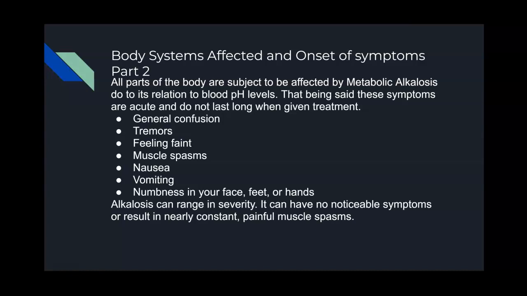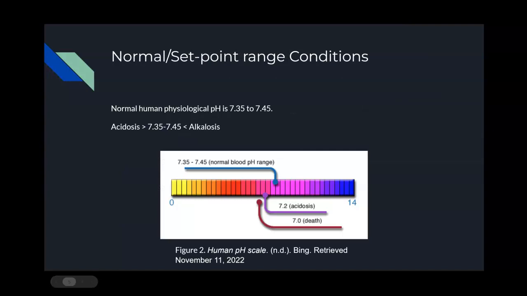And here I have a chart that shows the baseline of human pH levels, which range between 7.35 and 7.45, and that is a small sliver to abide by.